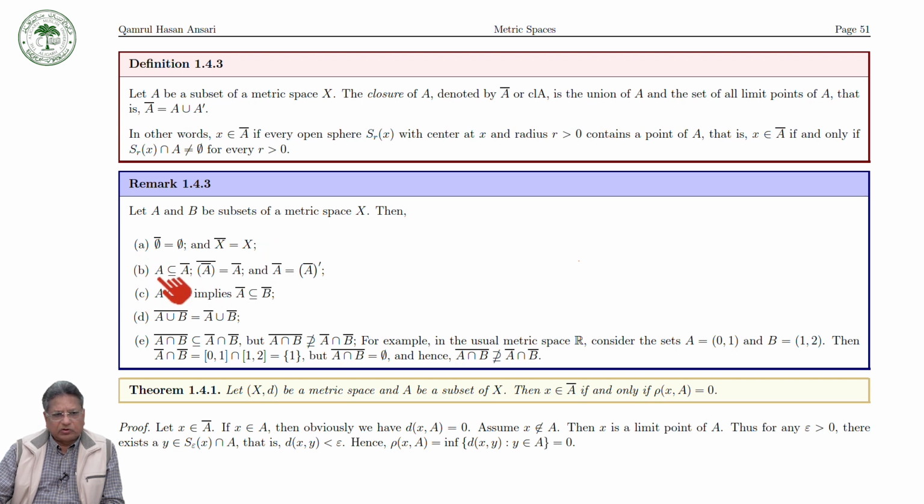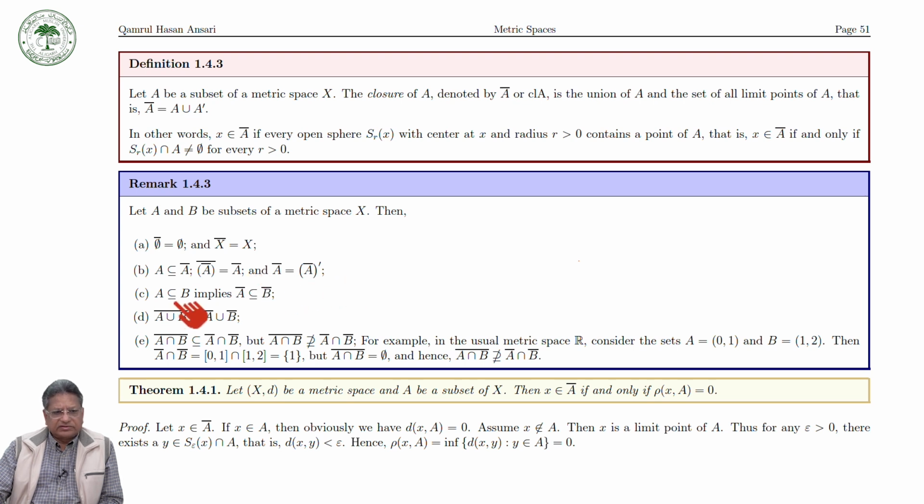The set A is always a subset of the closure of A, because the closure of A is the union of A and its limit points. The closure of the closure of A is equal to the closure of A, because the closure of A also always contains its limit points.